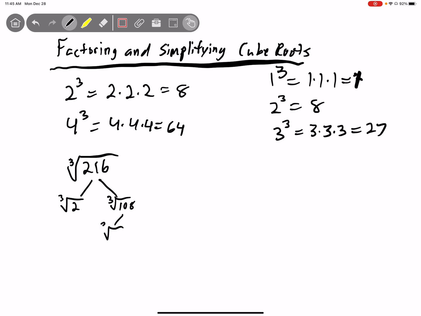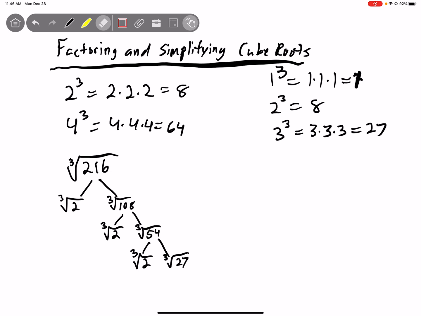108 is divisible by 2. So cube root of 2 and the cube root of 54. Well, again, I'm stuck. I don't know what the cube root of 54 is, so I'm going to break that down again. Cube root of 2. Cube root of 27.